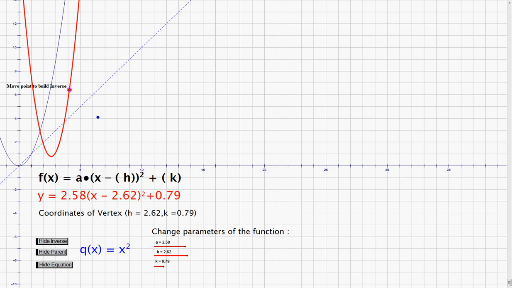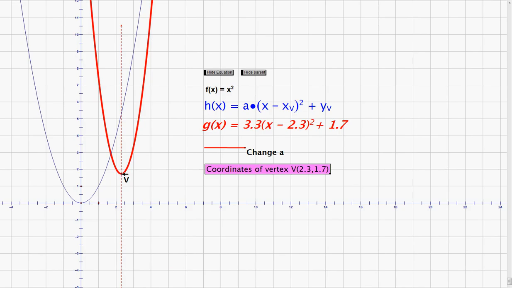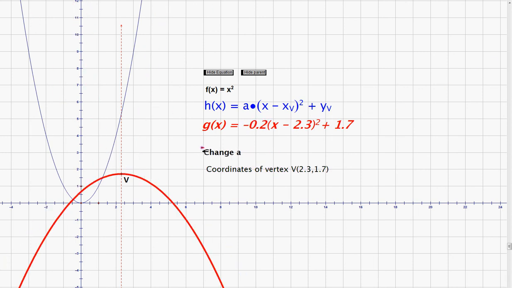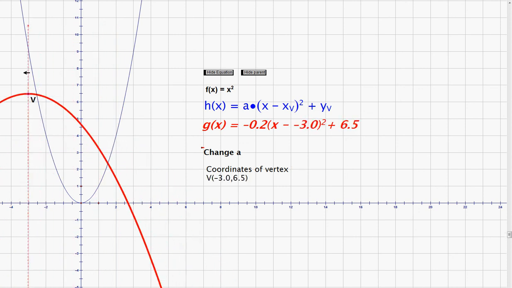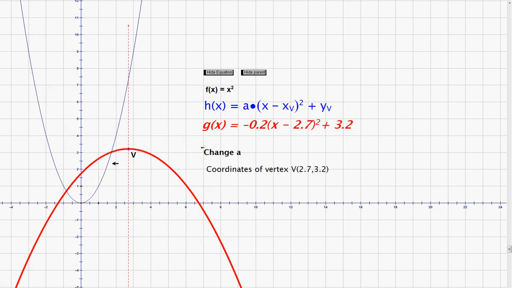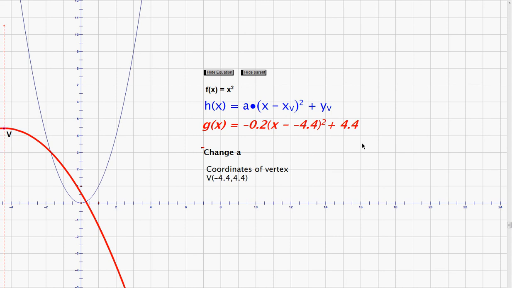The same thing you can do with quadratic function. Let's make it up and down with the first coefficient negative, and this is how you can move. You can translate your function any direction you want, and you can observe what's happening with its parameters and with the coordinates of the vertex.